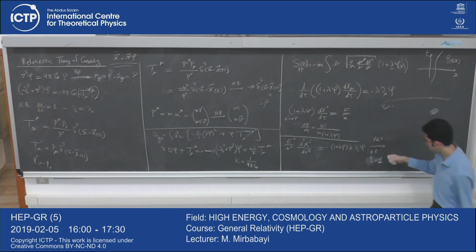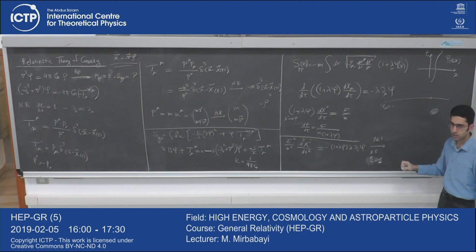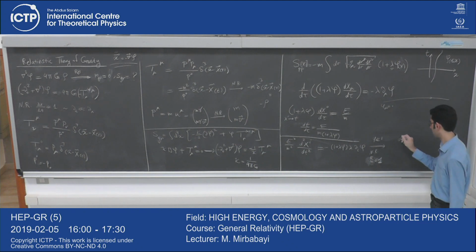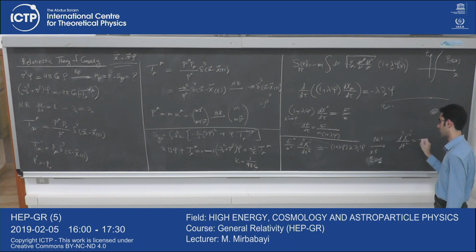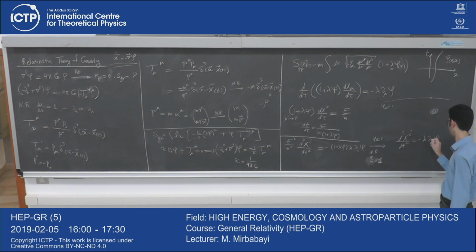So now when I take these two limits, this equation becomes d squared xi dt squared equals minus lambda d_i phi, which is the correct equation we were looking for if we set lambda equal to 1.